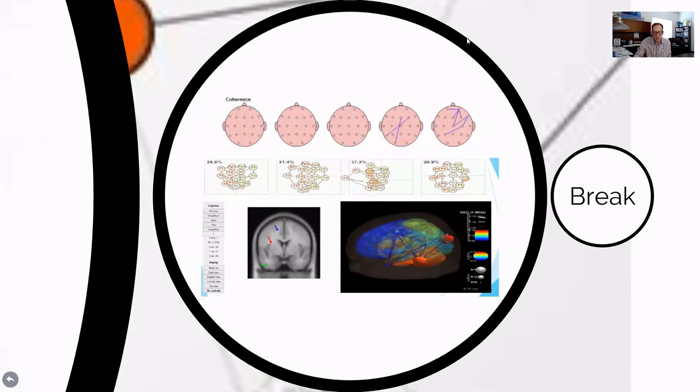Again, we're looking at the dark blue lines and the paths between them as showing us where the problems are in the brain. And when we train that, we've shown through research that major depression can be treated very successfully with multivariate connectivity training once you have this analysis and can understand it.